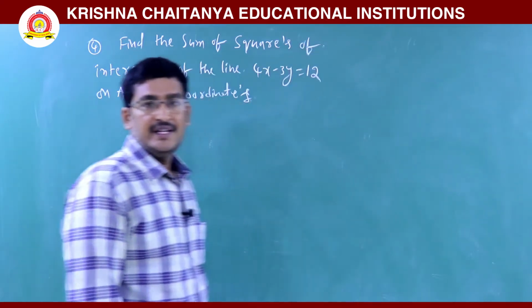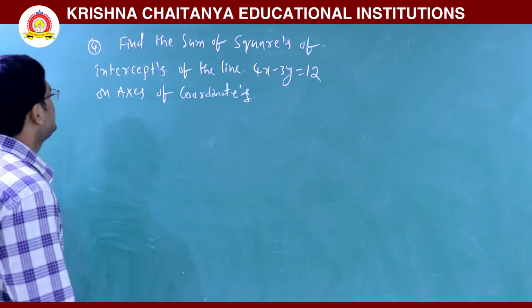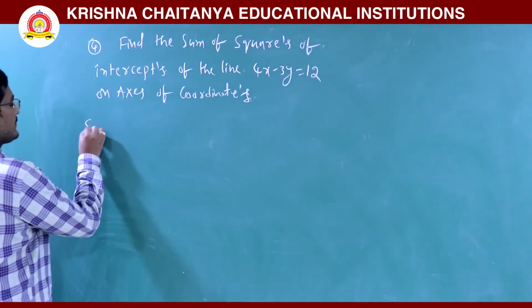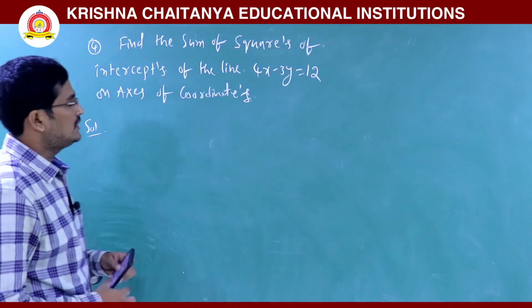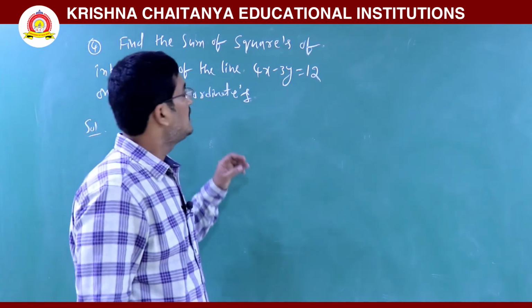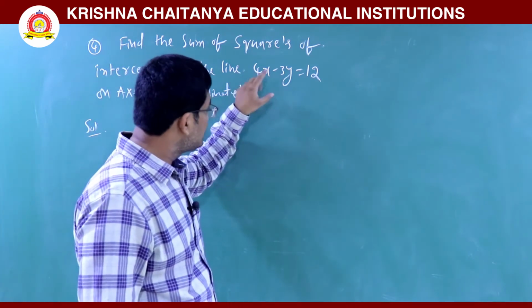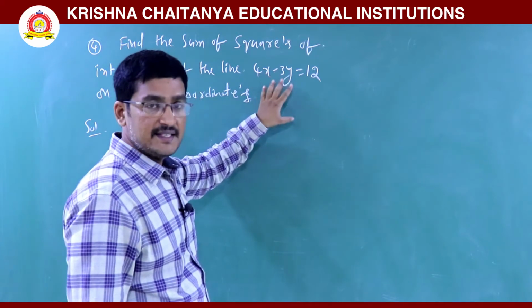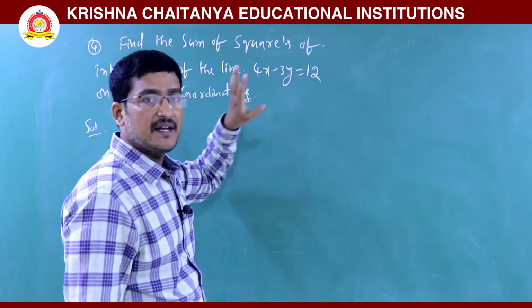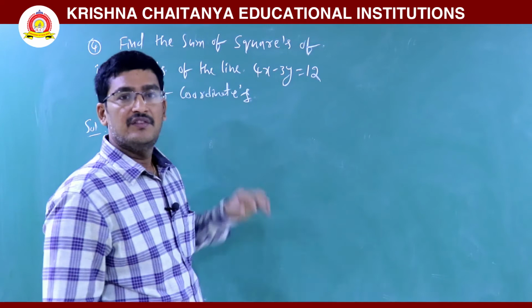So first, what step do we have to take? First you have to find the intercept of this straight line on the x-axis and on the y-axis.